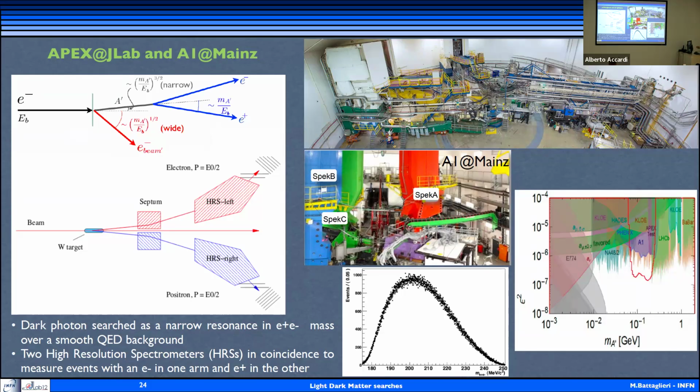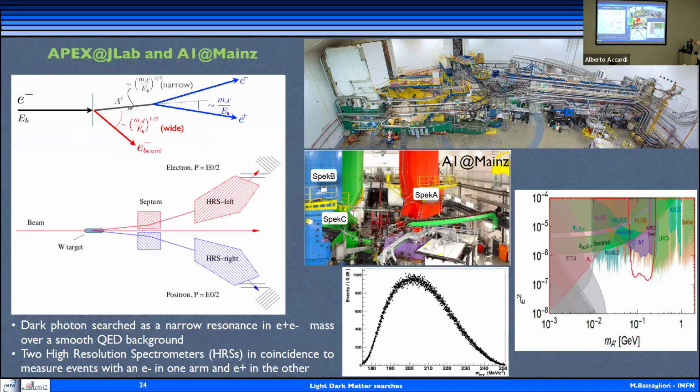The A prime decays into e plus e minus. Then what you need to do is measure through the septum magnets, because the A prime gets the boost from the electron beam, and so it is going to be focused in the forward direction.